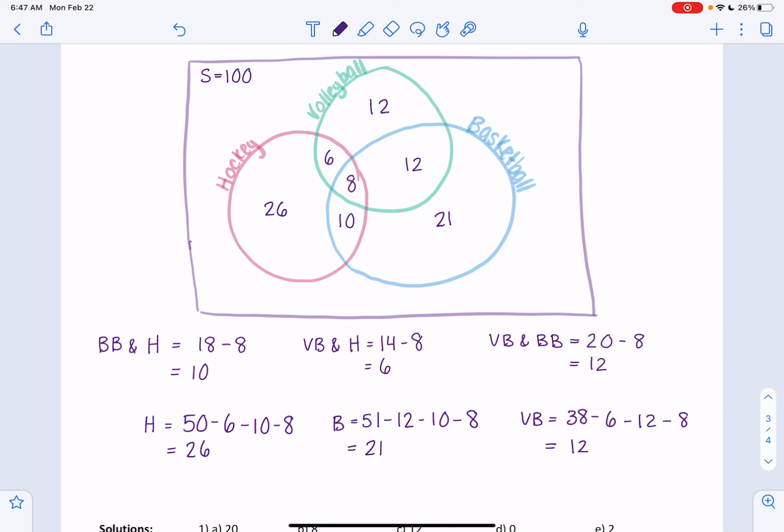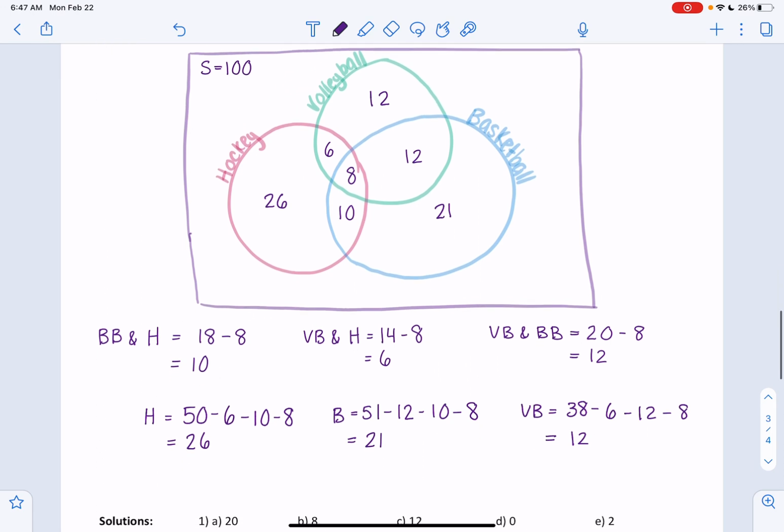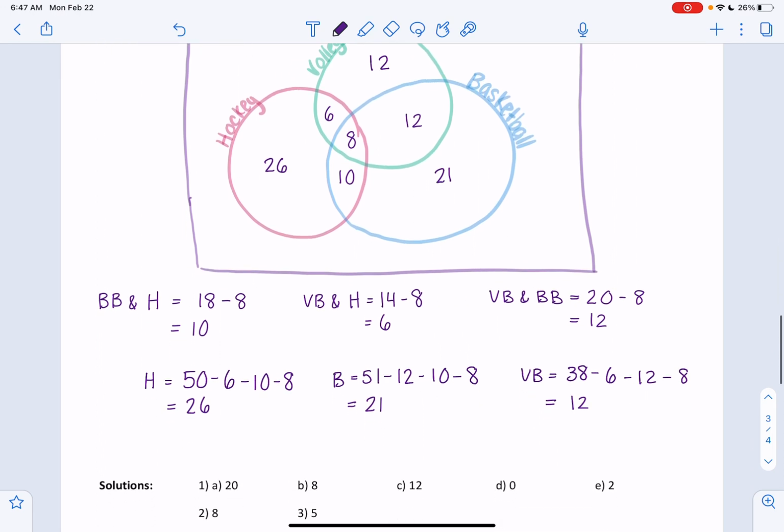Now the question wants us to know how many students play none of the sports. So, for neither sport, we're going to take our universal set, so all of the athletes in our diagram, and subtract all of the numbers.